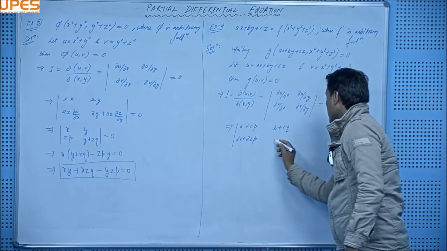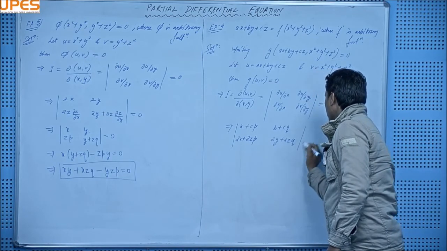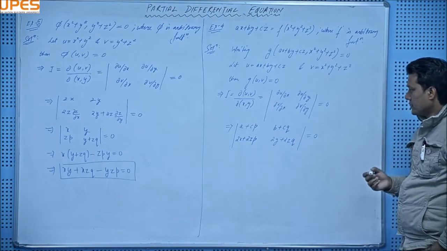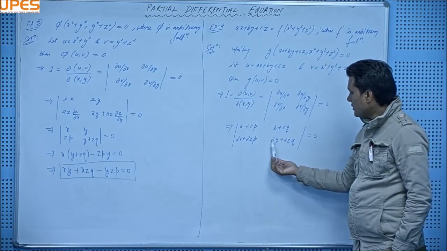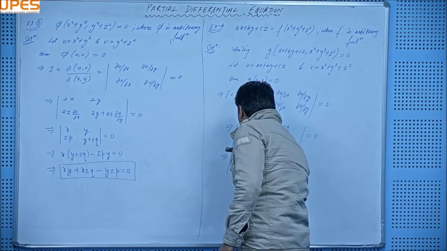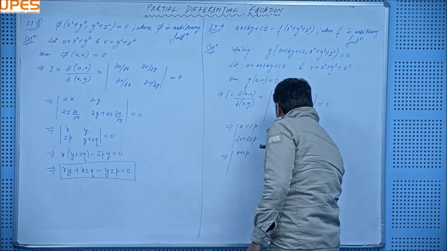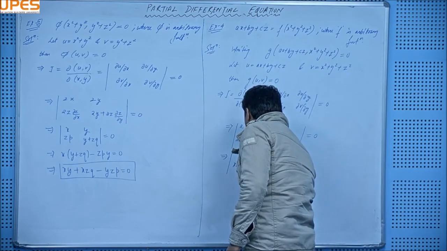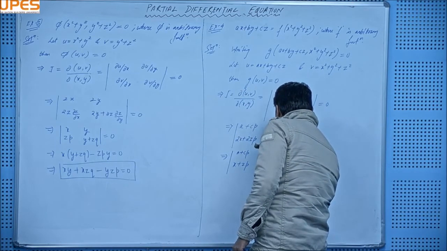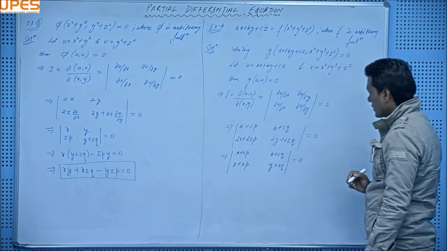Similarly, 2y plus 2z q equal to 0, right? So I take 2 common from here. I will be getting a plus cp, b plus cq, and x plus zp, y plus zq equal to 0, right?